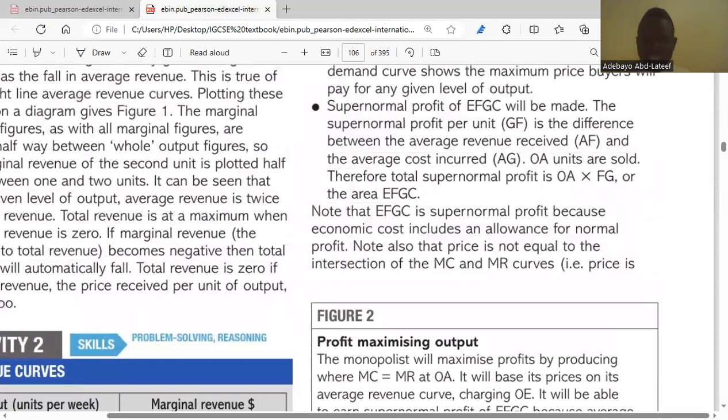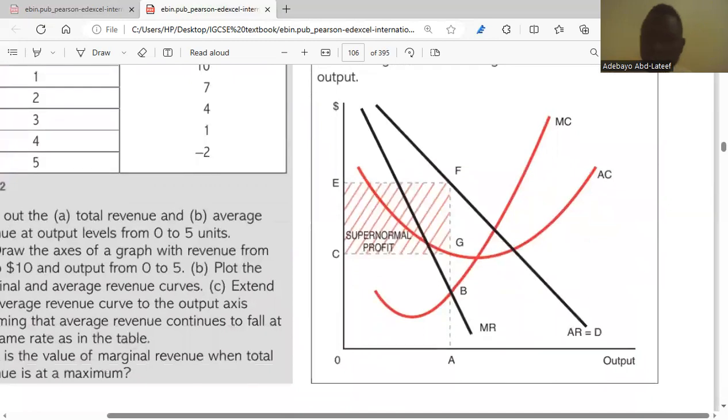So note that EFGC is a supernormal profit because economic cost includes an allowance for normal profit. Note that price is not equal to the intersection of the MC and MR curves. So look at the MC and MR curves here. Price is not equal at the intersection.